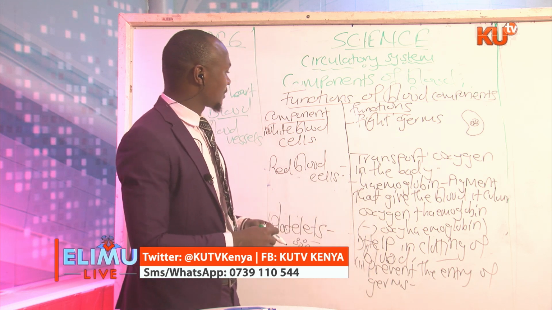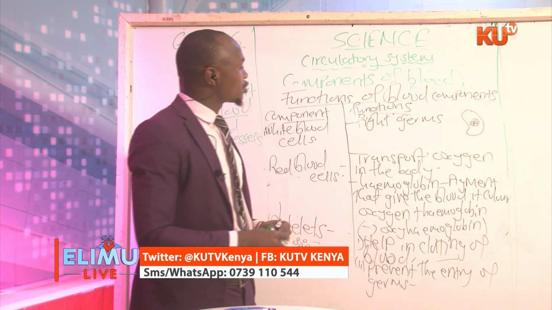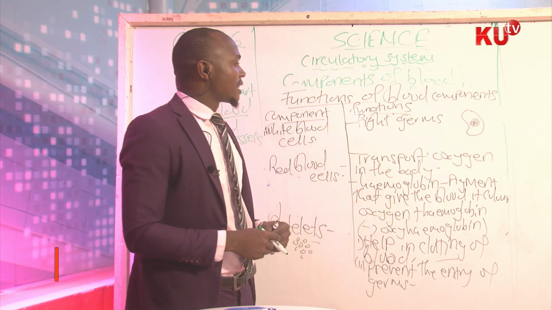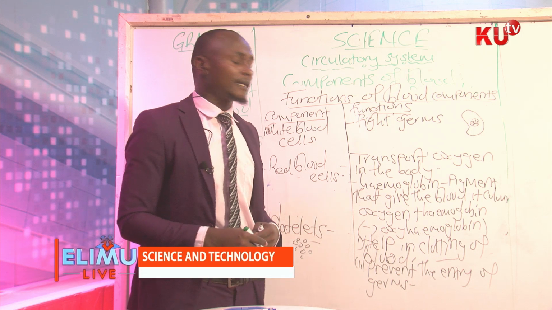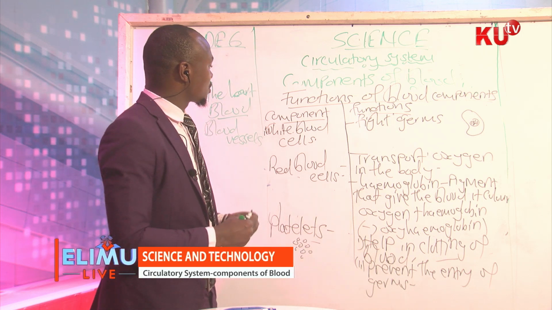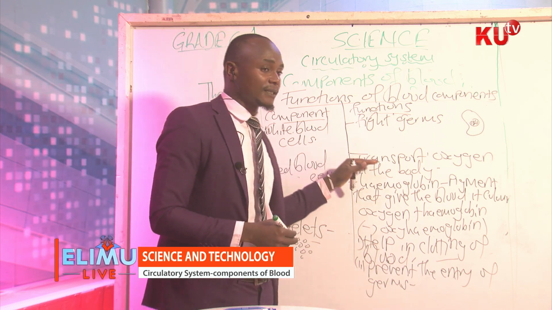We have seen that the work of the red blood cells is to transport oxygen. That one, learners, will make you not confuse the functions of the plasma and the functions of the red blood cells.